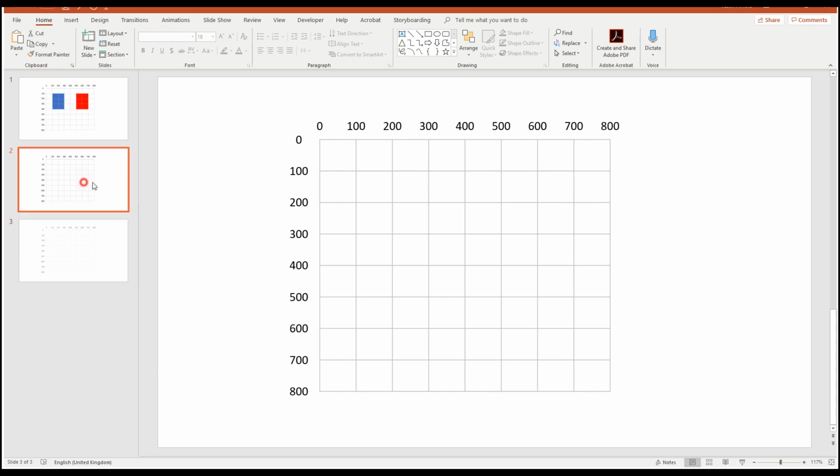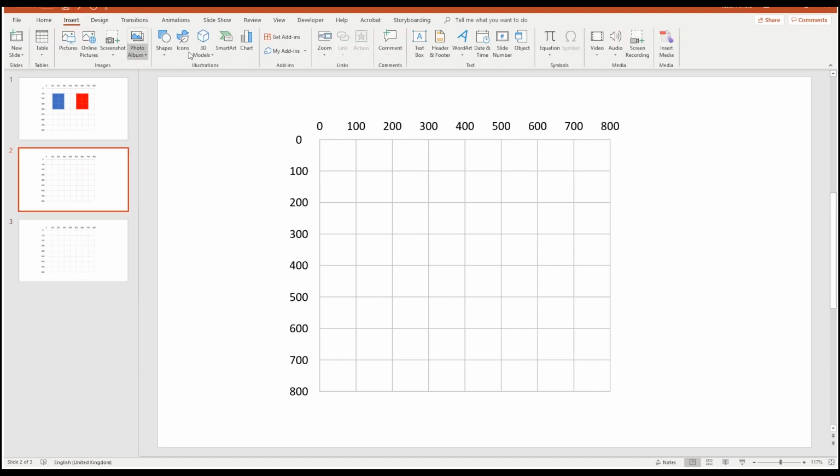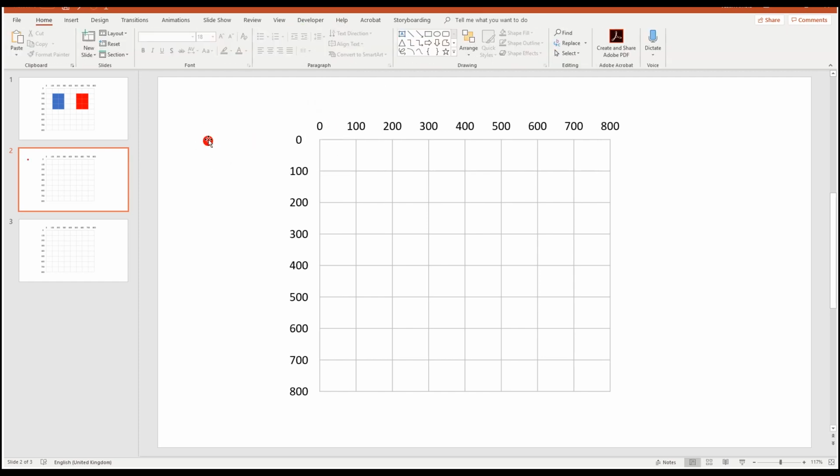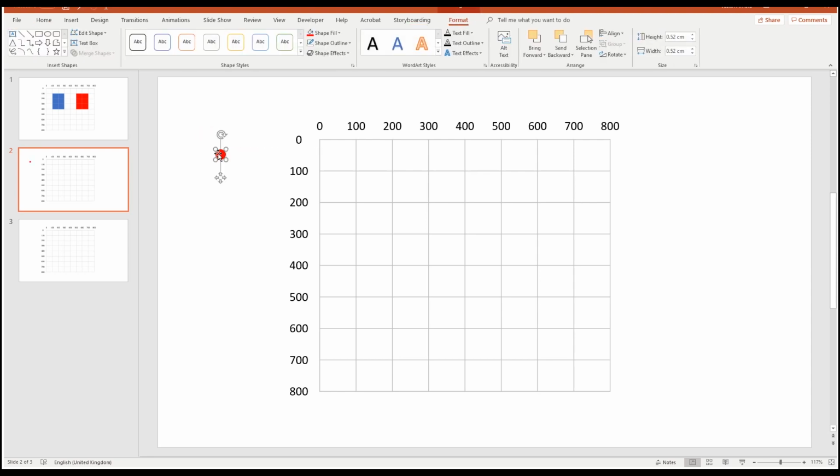So here I've got a grid, and what I'm going to do is insert a little circle, and this is going to be my little placeholder or marker. So I'll just make that red so we can see that clearly. And let's draw out where the triangle needs to be. I'll draw a triangle and then put the points in.